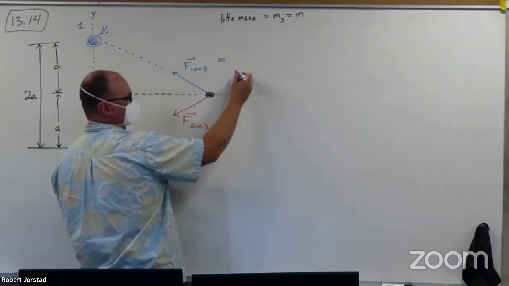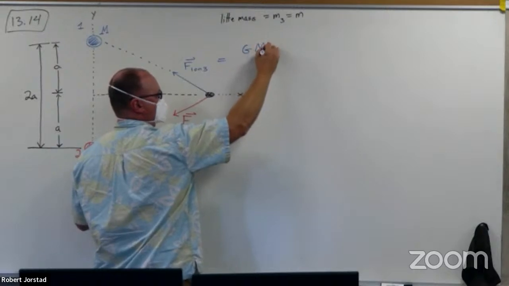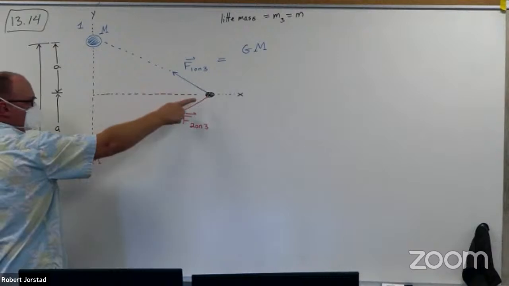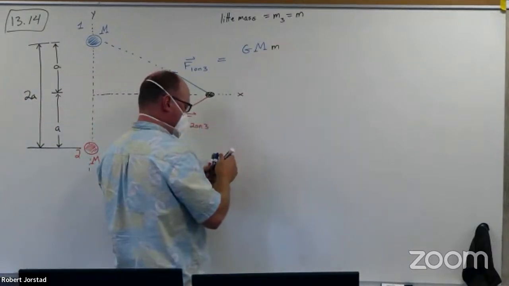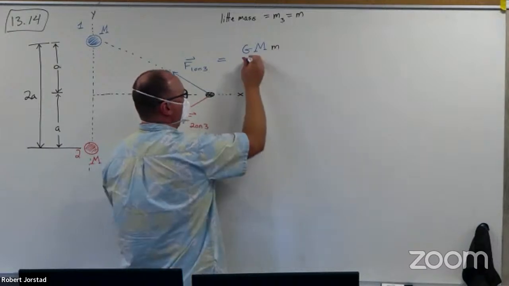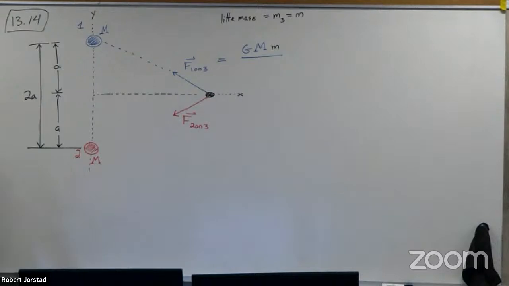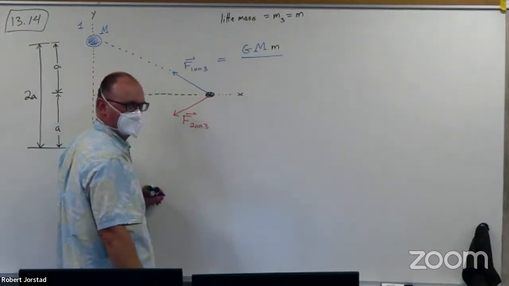This is equal to G. Mass 1 is big M. Mass 3 is little m. And I want the force vector. So what do I need to do at this point? I want the force vector.